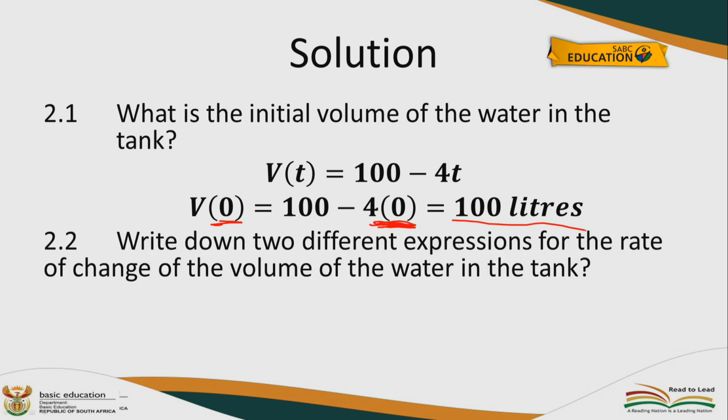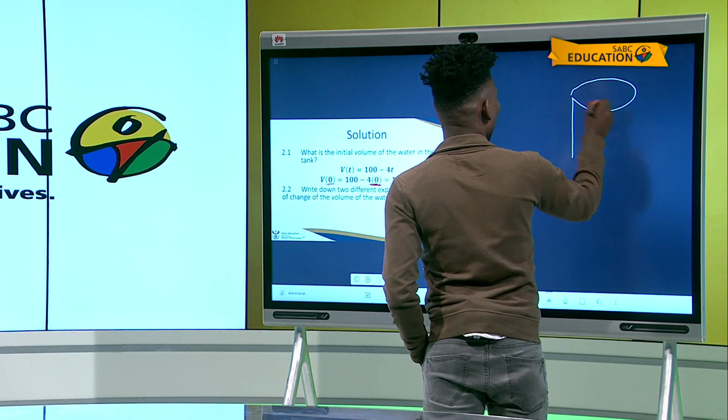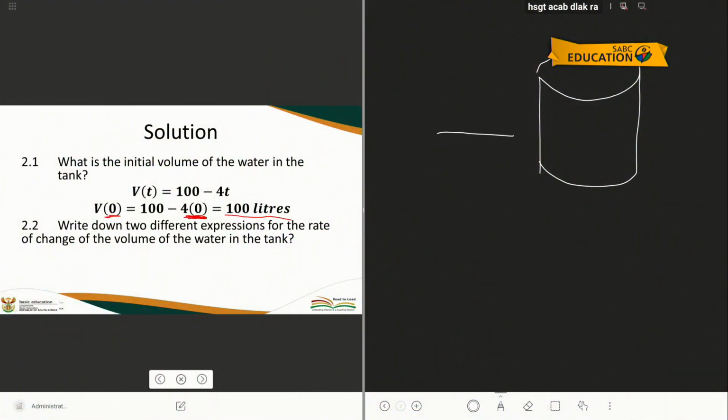All right, now let's go to the second question. They say write down the two different expressions for the rate of change of the volume of water that is in the tank. Now, to deal with this question, I want us to look at what is going on. Let's say we have a tank like that. There is water that is coming in, and at the same time, there is water that is leaving.